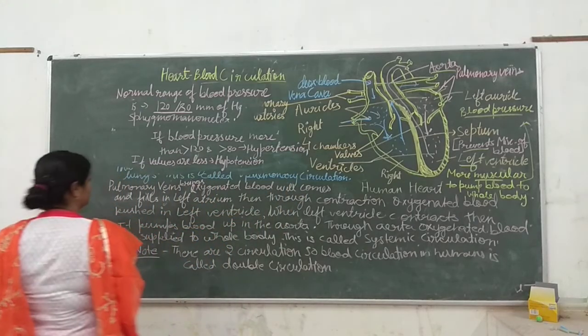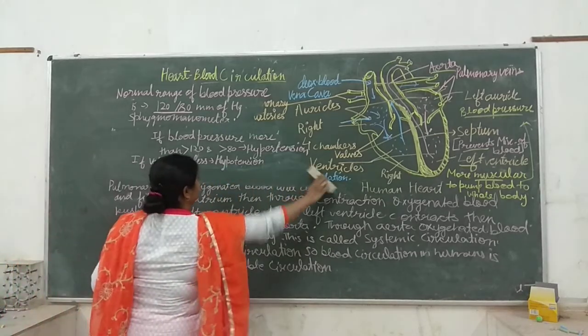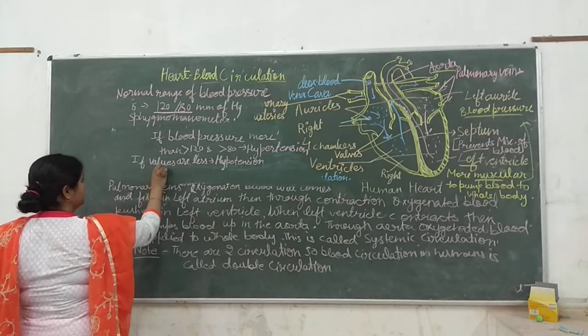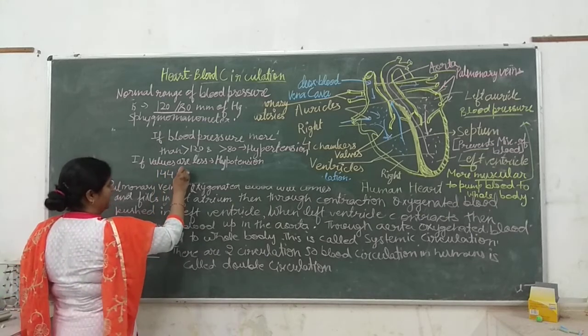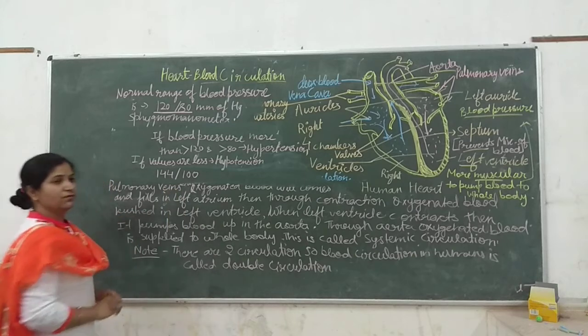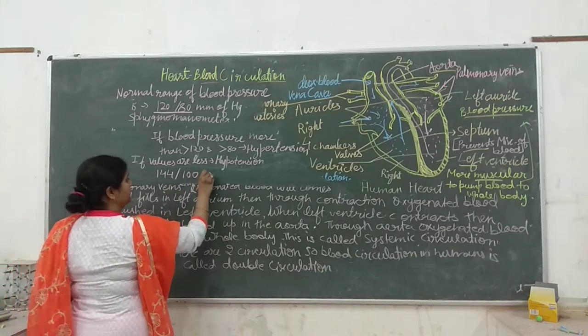For example, if any person's BP is coming 144 and 100, we say that it is a high BP patient.